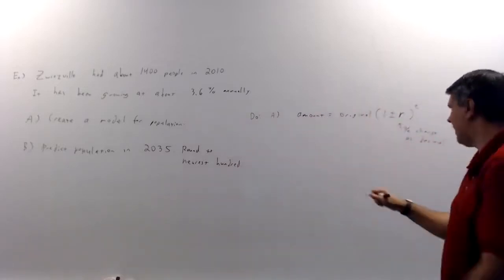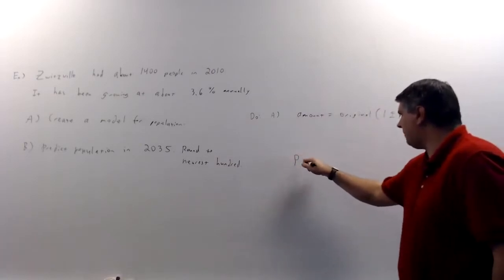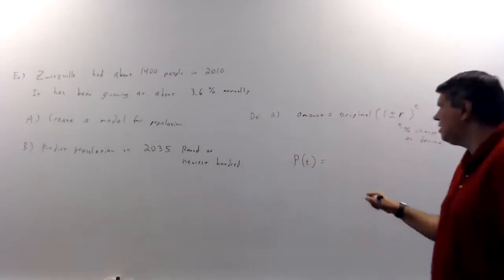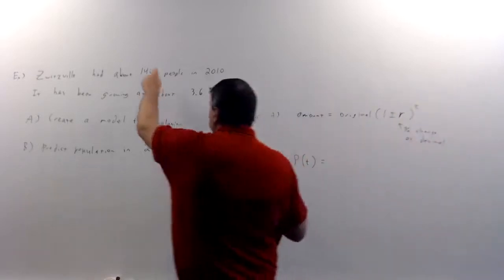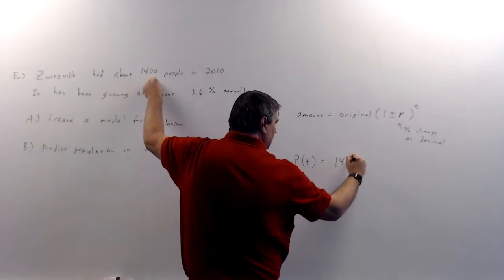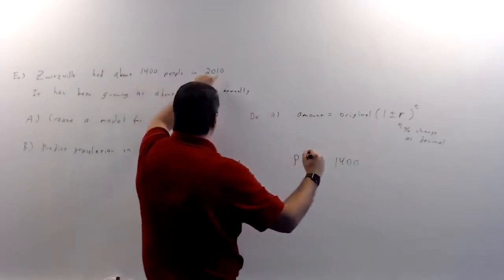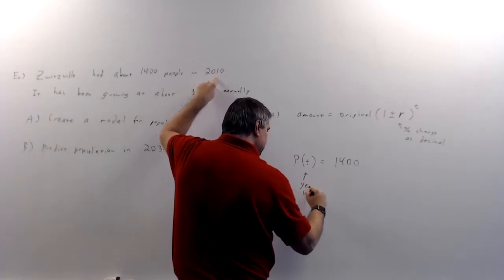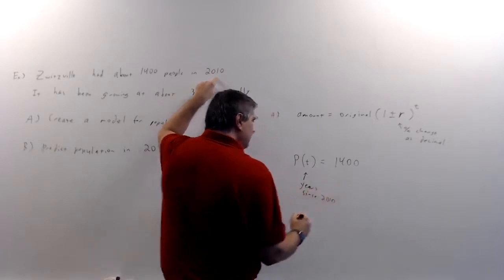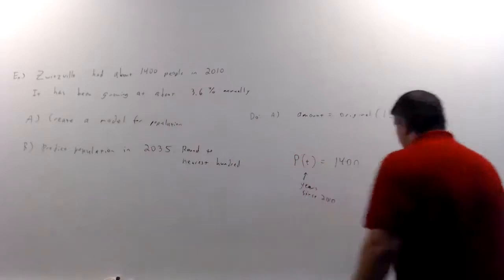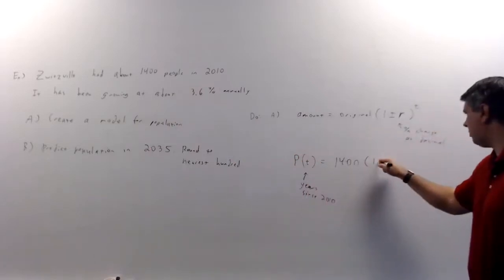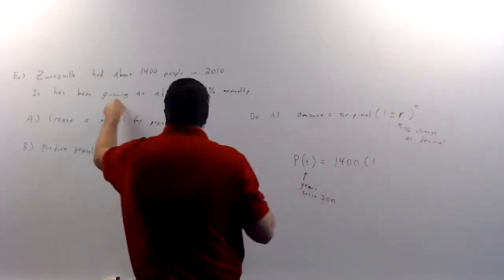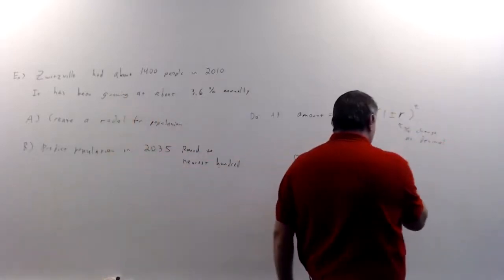Since we're doing population, we could either do capital P or capital P of t. I propose capital P of t. So the original amount is 1,400. We're going to base this off the number of years since 2010. So 1,400 times 1 plus, the reason it's plus is because it's growing at 3.6% annually.